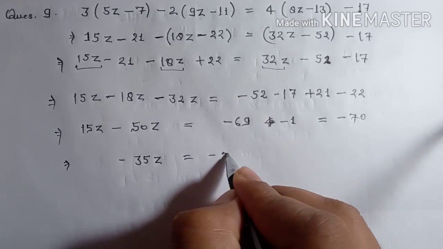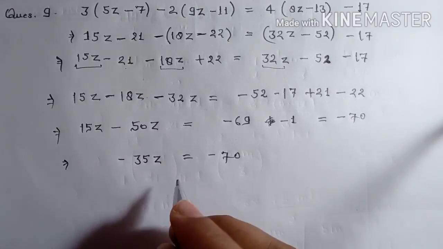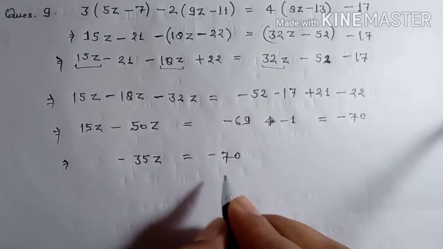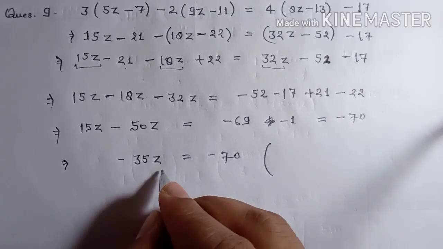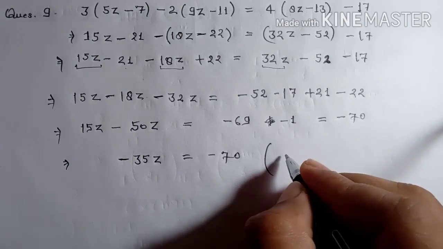is equal to minus 70, and this time we have to divide both the terms by minus 35 to get here z, okay, because this 35 can be eliminated by minus 35.